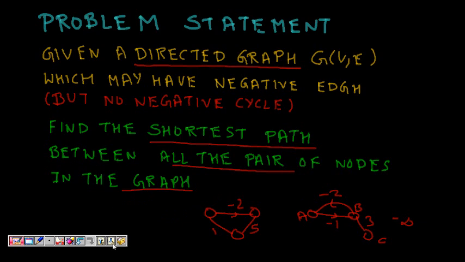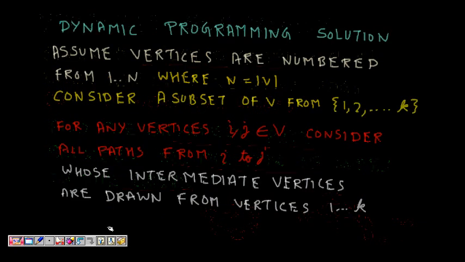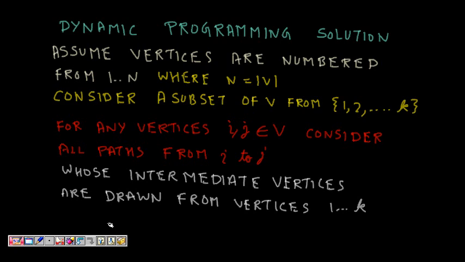So how to do that? Here again we will use dynamic programming, and we will try to formulate some kind of recursive solution. Let's see what that recursive approach will be.